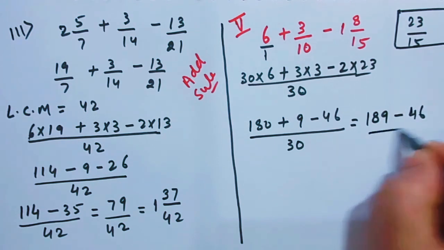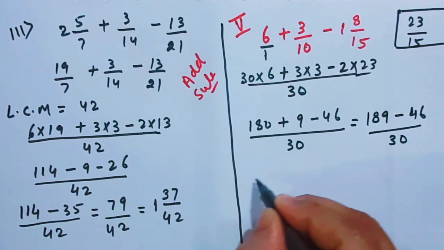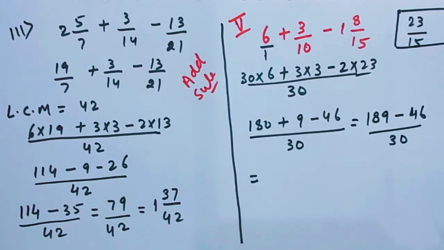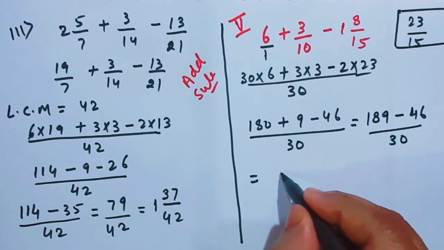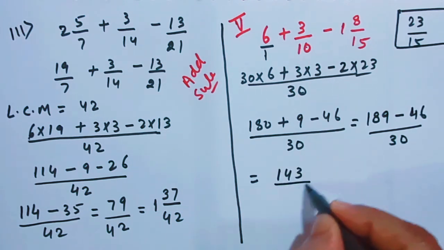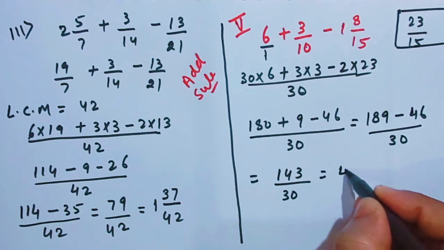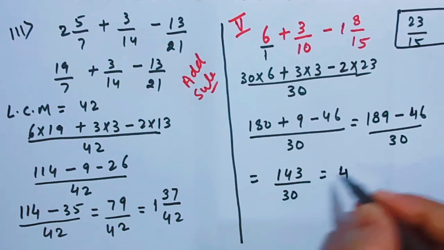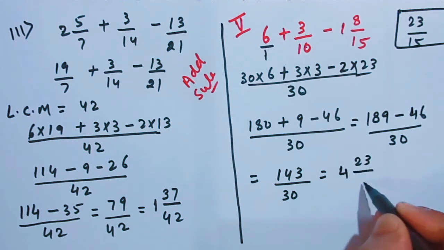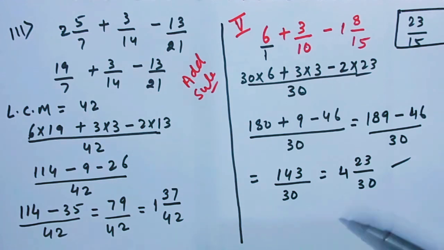So minus 46 by 30 is equal to how much? 189 minus 46, 143. 143 by 30. You can divide it. 30 4s are 120. So how much? 23 by 30. Simple.